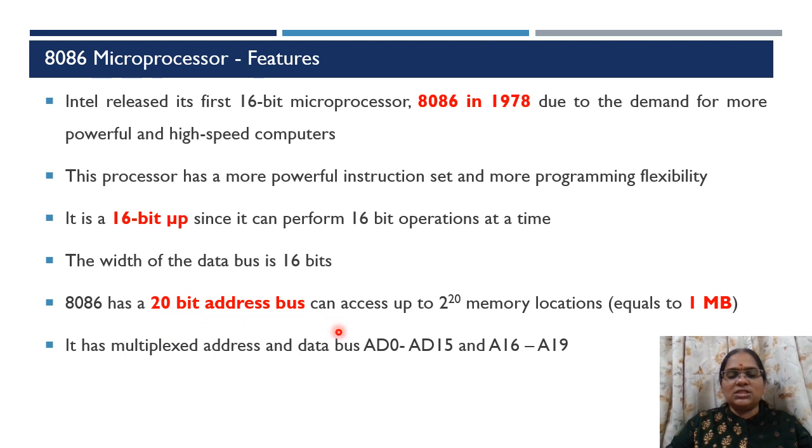So we do not use address and data at the same time. Once you place an address, only then will you access it for data. The first 16 lines are used for both address and data, that is AD0 to AD15, which means address and data. The remaining 4 lines, A16 to A19, are allocated specifically for address. That's why it has a multiplexed address and data bus.